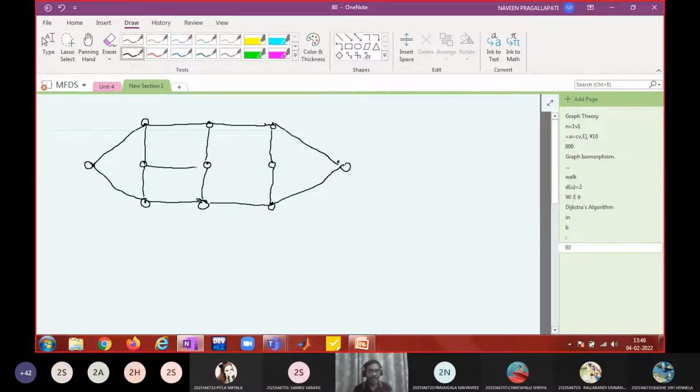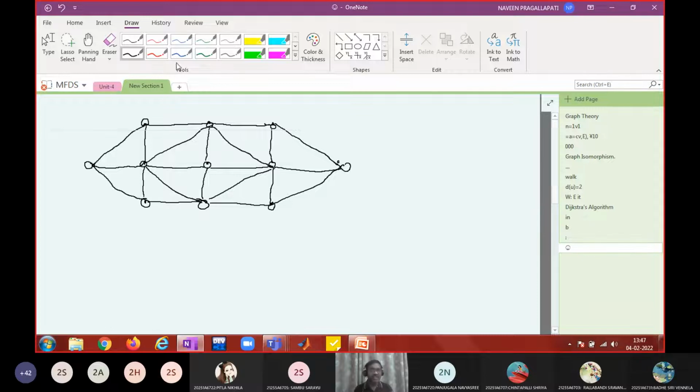These two are connected. These two are connected. Did I give all the edges? No. Look at your graph. Yes, sir.